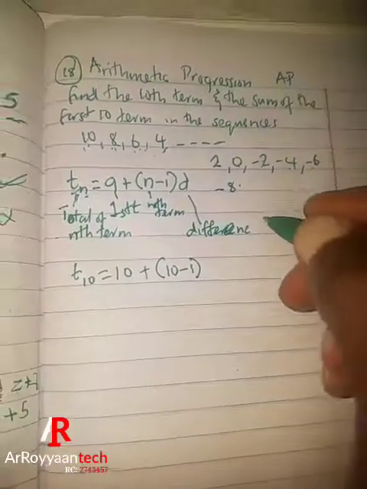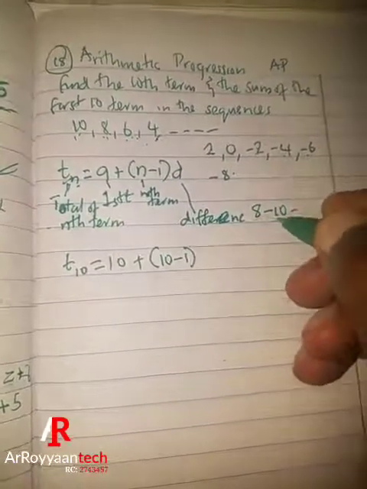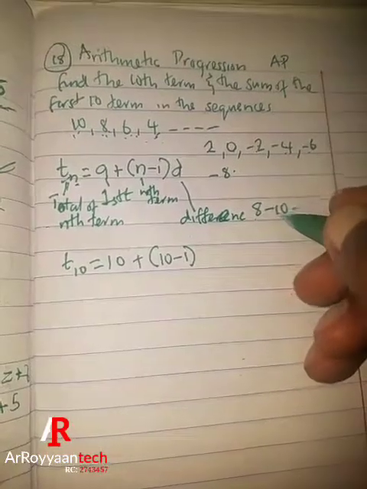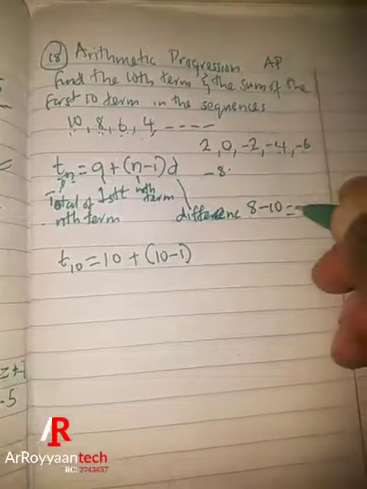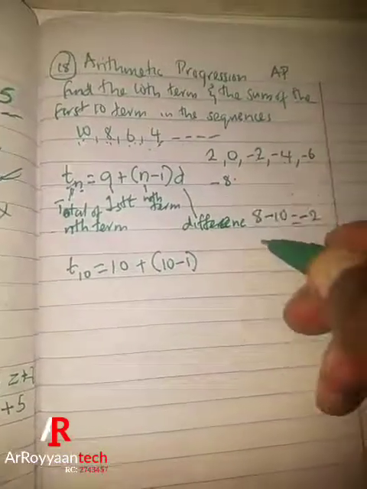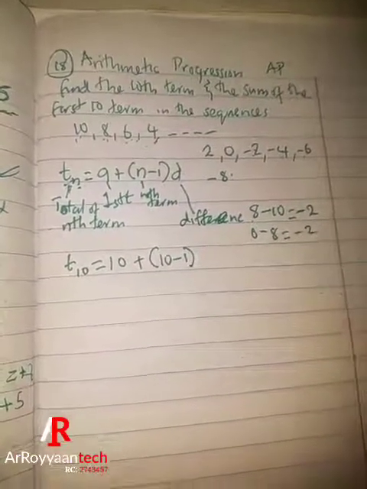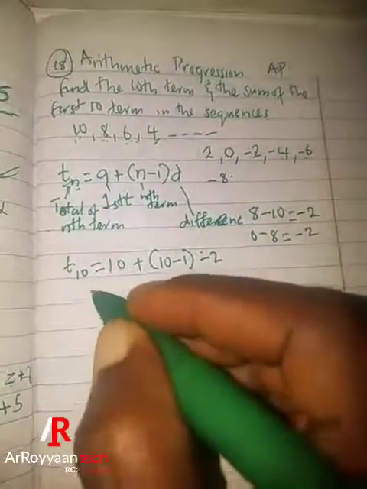So we say 8 minus 10. That will give us, we have 8 naira, we are owing 10 naira. If you have to pay your debt, how much debt does it remain? It remains 2 naira. So that's minus 2. If we use 6 minus 8, we get the same thing, minus 2.